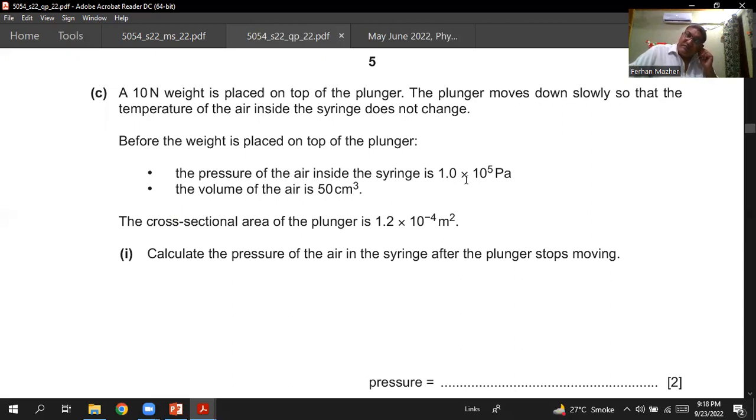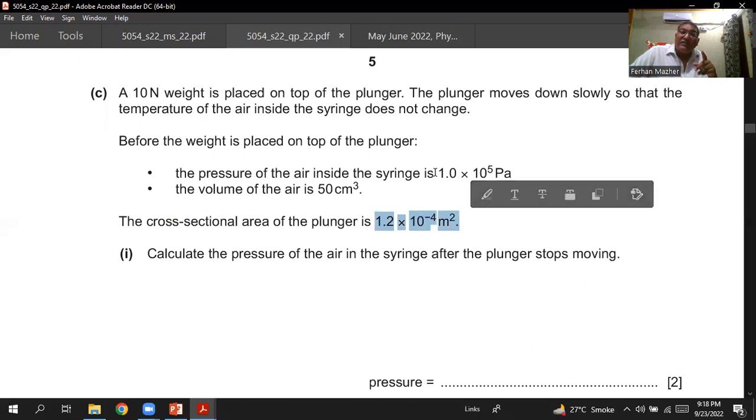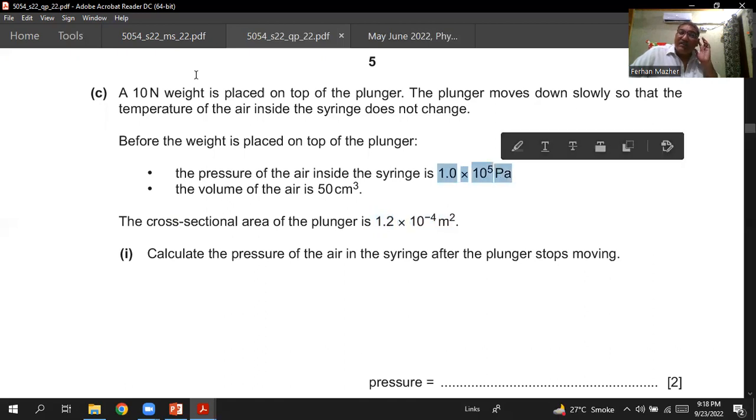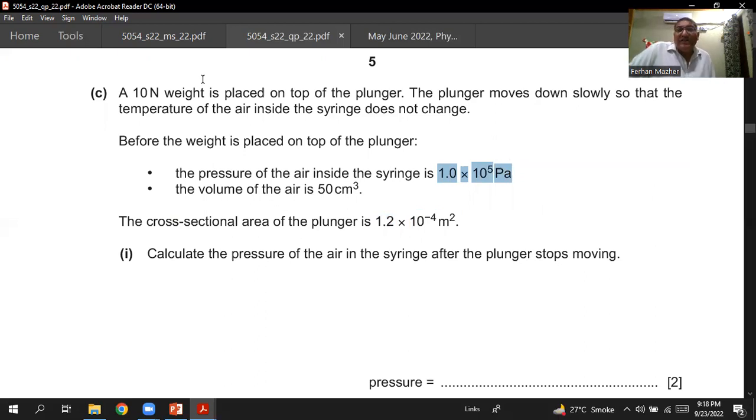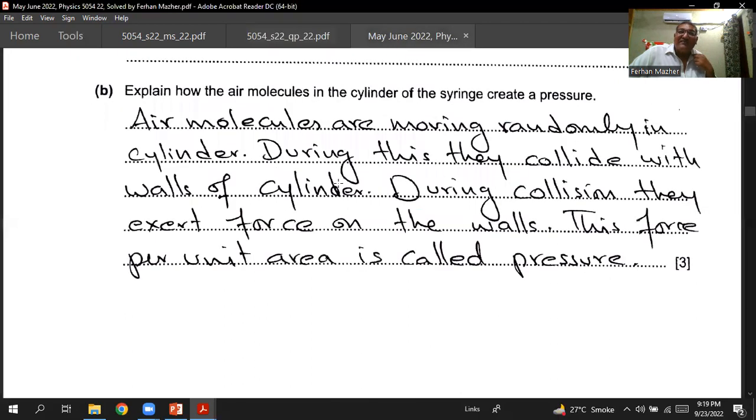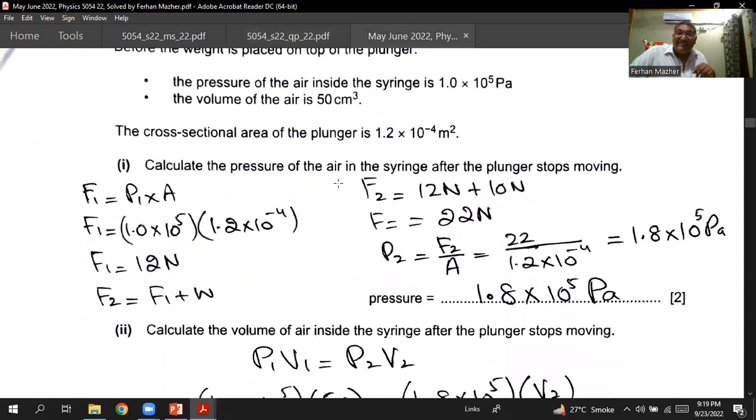If you know the pressure and you know the cross-sectional area, you can find how much force was acting on that plunger. So the force will be equal to the pressure multiplied by the cross-sectional area. So you will get the force, then add 10 Newton to that force, and then find the pressure 2. Okay. The cross-sectional area still will be the same, so we can find it. It's a little heavy question.